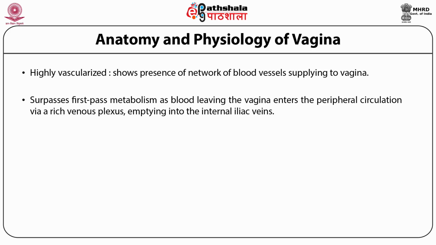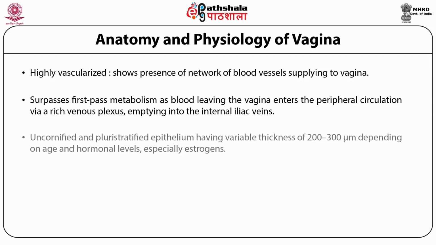Therefore, this is an organ which can primarily be exploited for delivery of drugs which are susceptible to first pass hepatic metabolism. It has an uncornified and pluristratified epithelium with a variable thickness of 200 to 300 micrometers depending upon the age, the hormonal levels, and especially the estrogen.